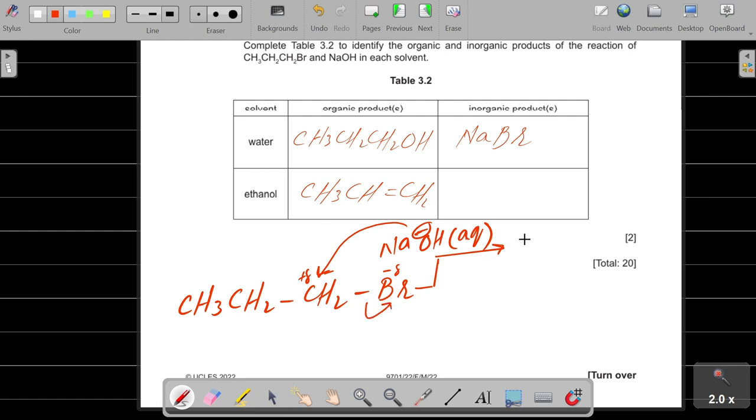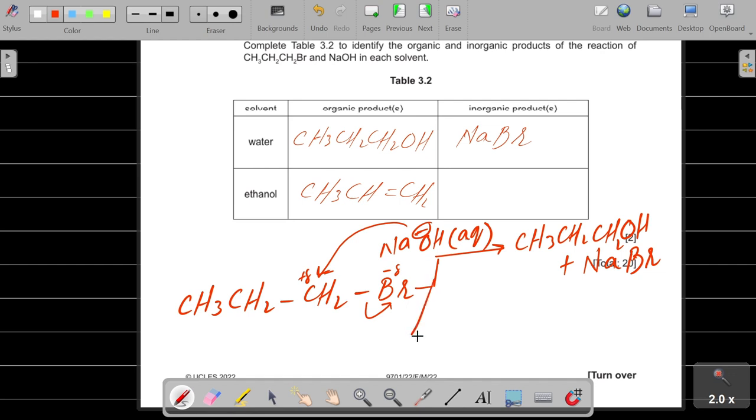It is a nucleophilic substitution reaction: CH3, CH2, CH2, and now this Br is removed and OH attached here will become alcohol, plus this Na and this Br, you will get the inorganic product NaBr.